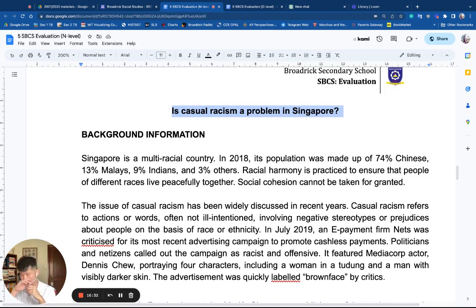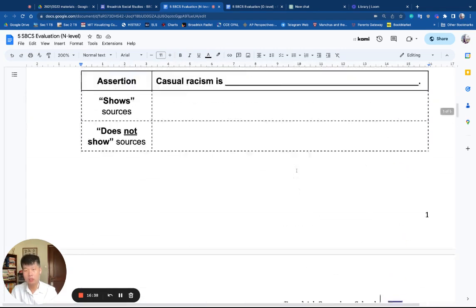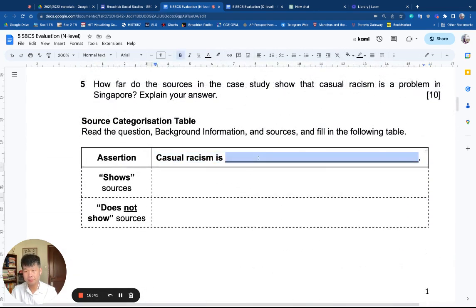So the pattern we have established for many years is that the anchor question for the N-level paper will be the assertion for the N-level paper. Pattern, not perennial truth. So N-level students, please go and categorize this into yes and no sources.